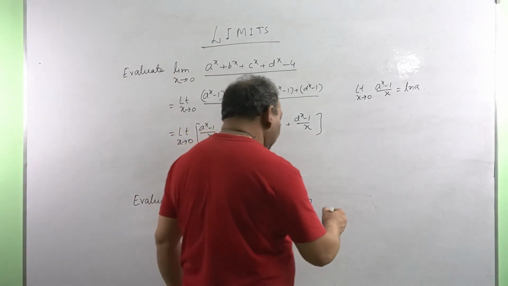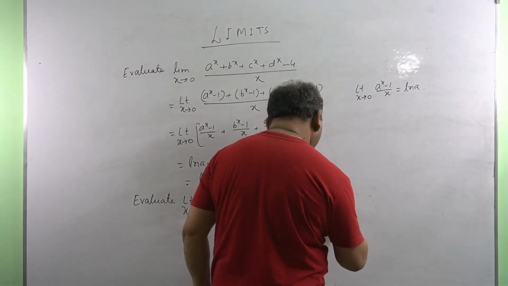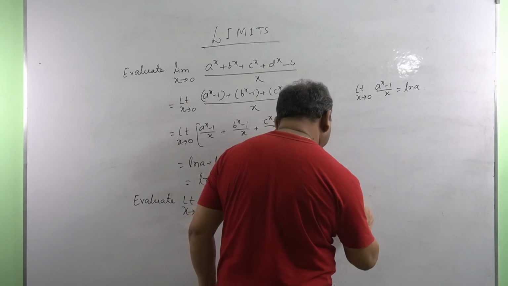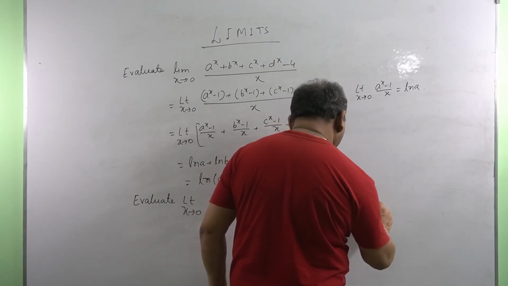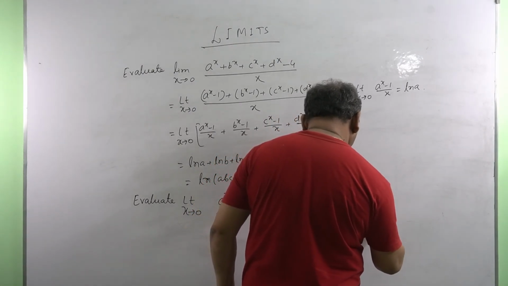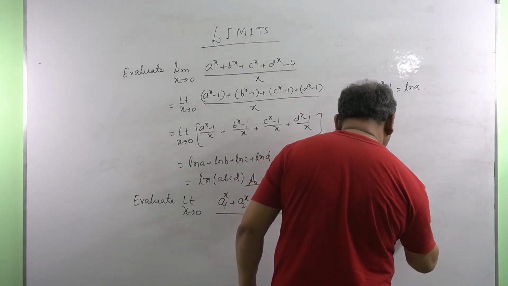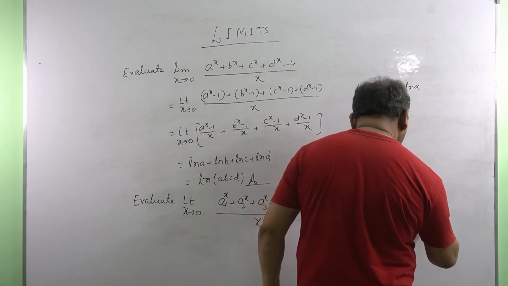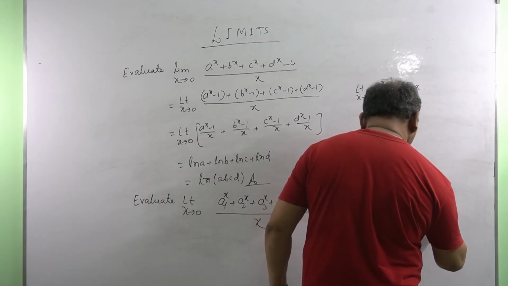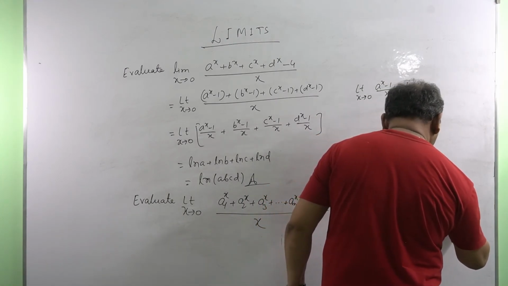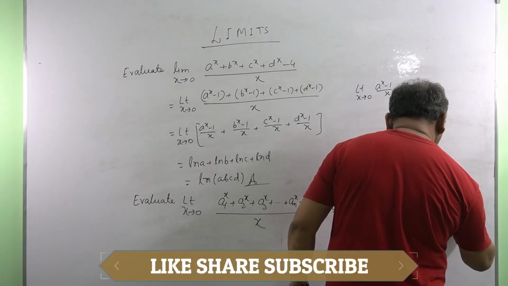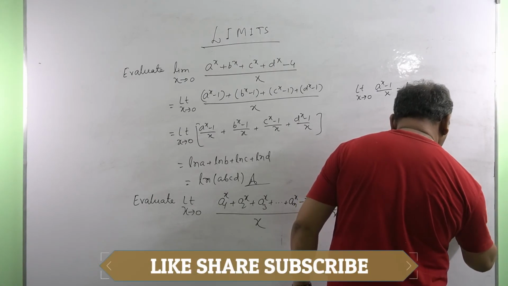So we can write here limit x tends to 0 of (a1 raised x minus 1) by x plus (a2 raised x minus 1) by x plus (a3 raised x minus 1) by x plus dot dot plus (an raised x minus 1) by x.